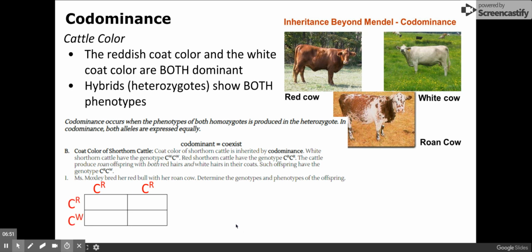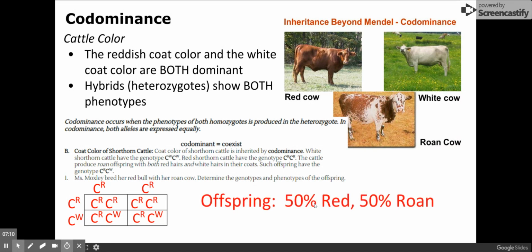The roan cow is going to have a heterozygous genotype. And so then you just need to start filling in the boxes with the different combinations. And so you can see we're going to get 50% red and 50% roan in that next generation.